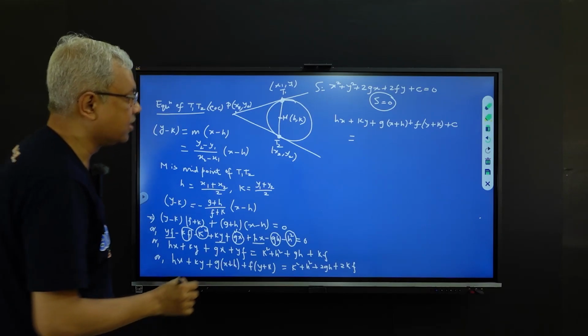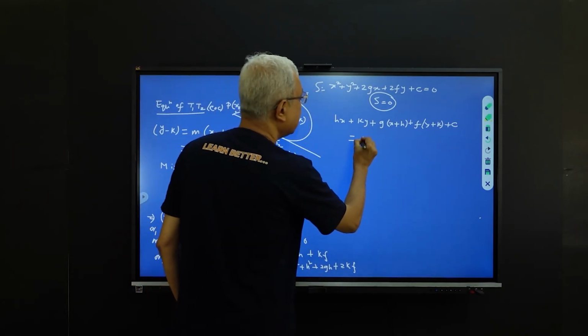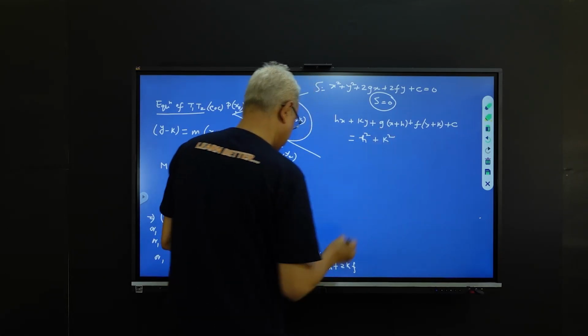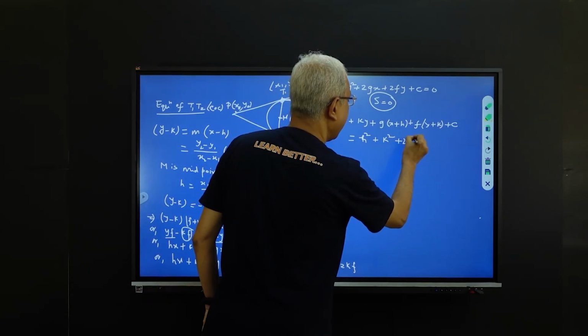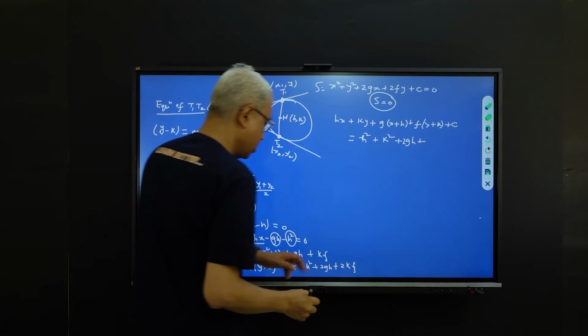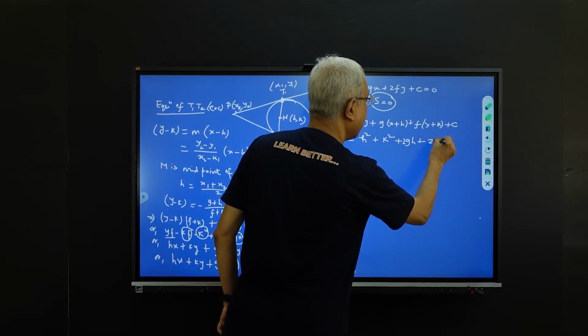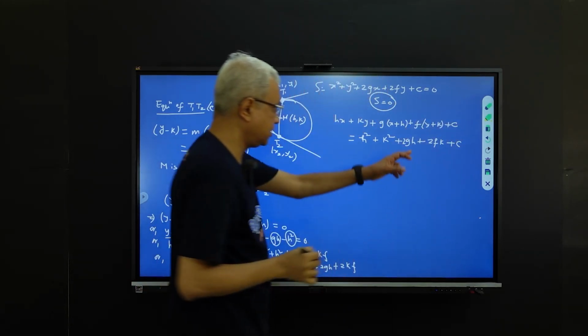So it is h square plus k square plus 2gh plus 2kf, 2fk, plus c, because I have added c here, c here.